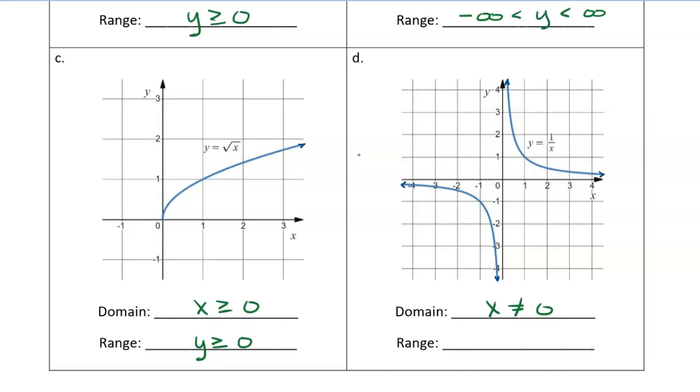Let's look at the y values. We want to look at the range, which is all the possible output values. And you can see again, we have this issue happening at 0. We can never divide 1 by anything and get 0. Now, it gets smaller and smaller as you divide by bigger and bigger positive numbers. Divide 1 cookie among 1,000,000 people.